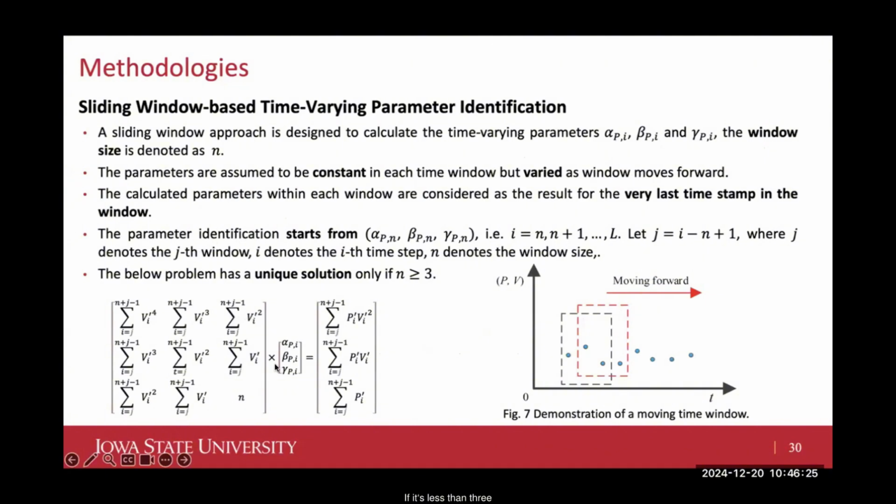If it's less than 3, you won't be able to do the inverse. The minimum size of the sliding window should be 3, but it could be larger, depending on whether you have consecutive measurements that are very similar to each other, so you need to expand the window size. I would say a minimum of 3 points to make this equation work.